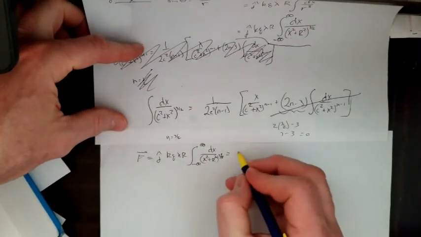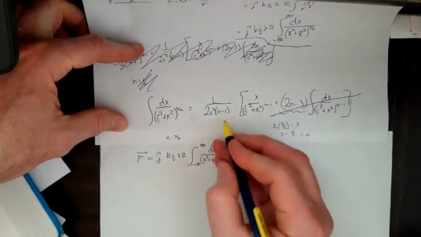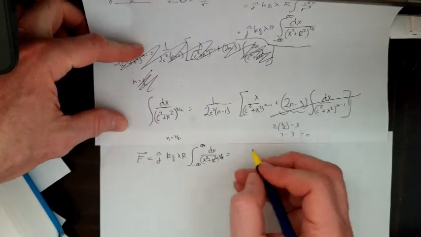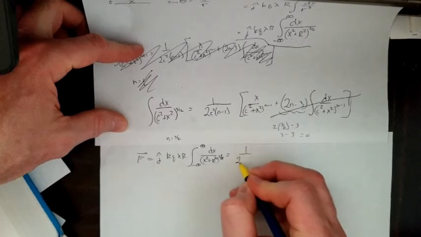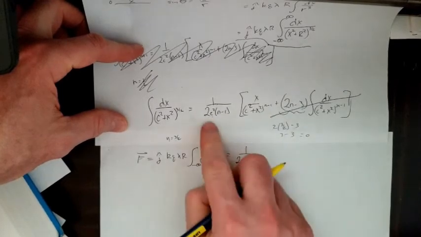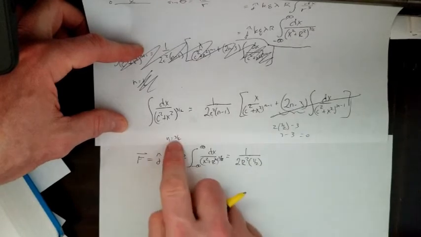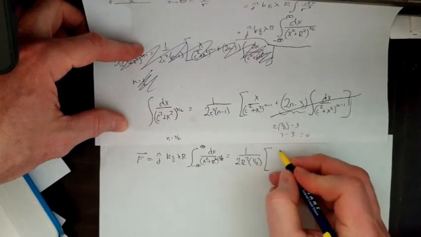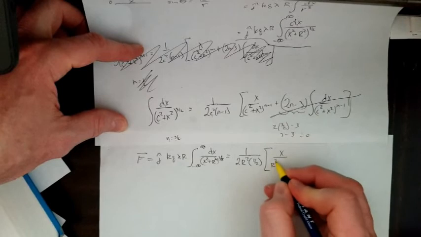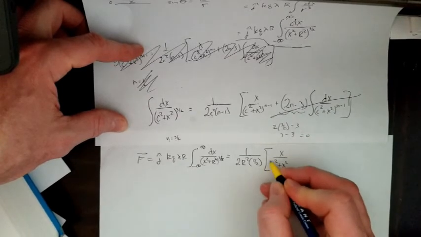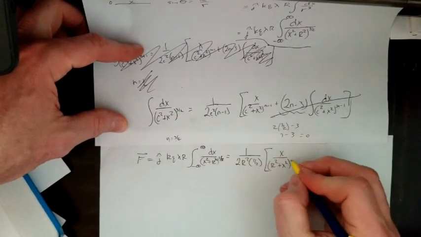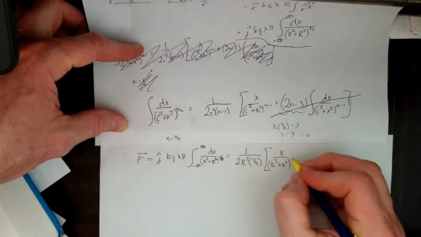That becomes, big R and c are the same thing here. So this becomes 1 over 2 times big R squared times n minus 1, which is 1 half. Again, n is 3 halves. Times x over r squared plus x squared to the n minus 1, which becomes 1 half.